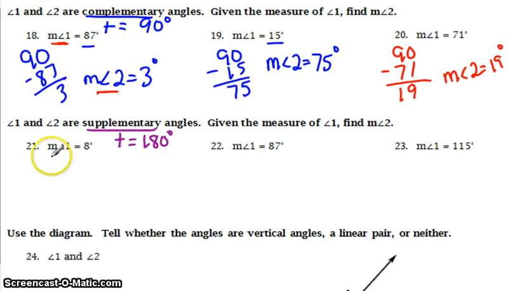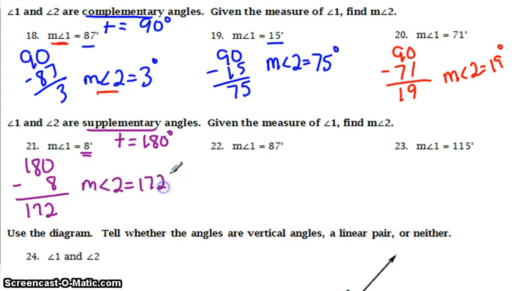So whatever angle 1 is, you would subtract from 180, and that would tell you what angle 2 has to be. So 180 minus, in this case, 8 gives us 172. So the measure of angle 2 must equal 172 degrees, because when you add 1 and 2 together, they must total 180 degrees.